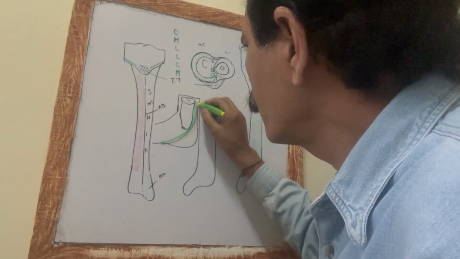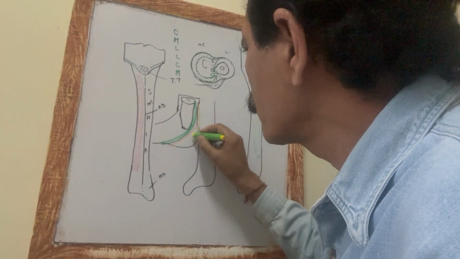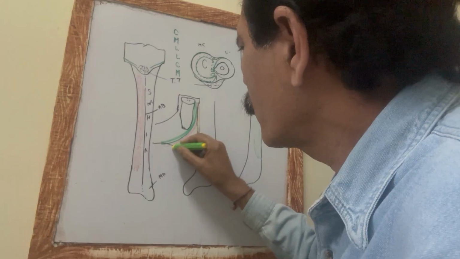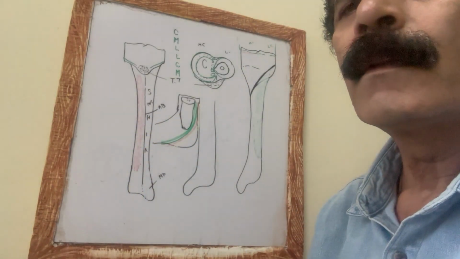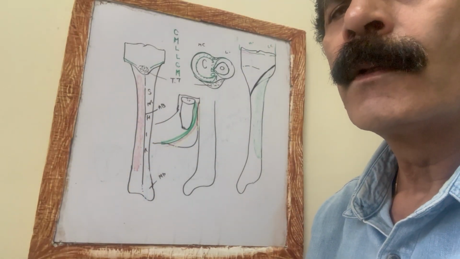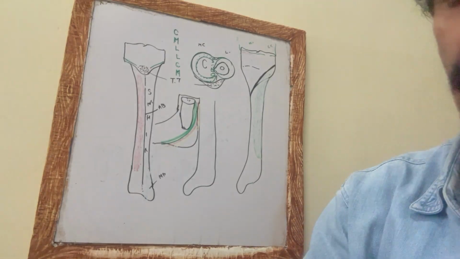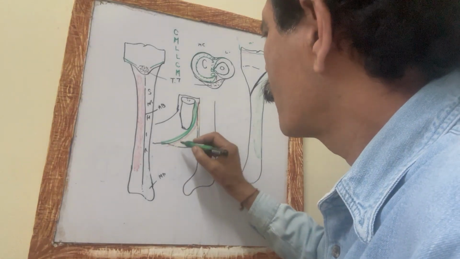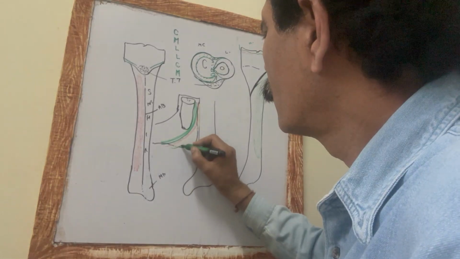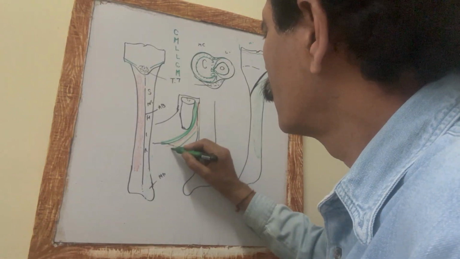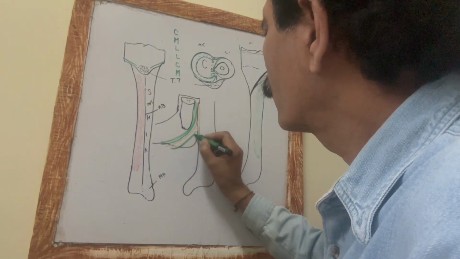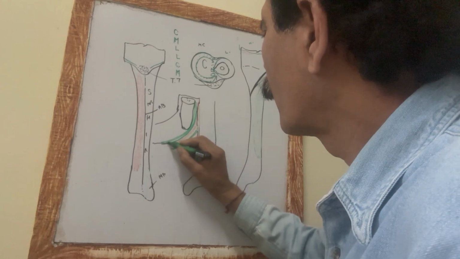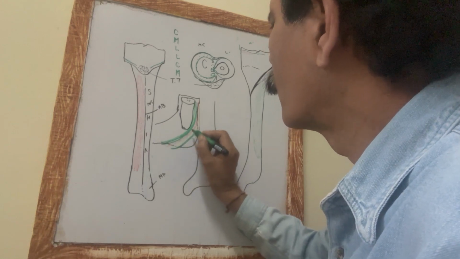The tibial nerve also comes from the posterior compartment, is the nerve of the posterior compartment, and from the leg it enters the sole of the foot. And the last structure, the muscle from the posterior compartment going into the sole of the foot, is the flexor hallucis longus.